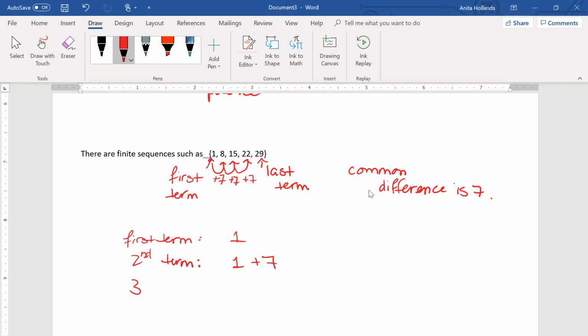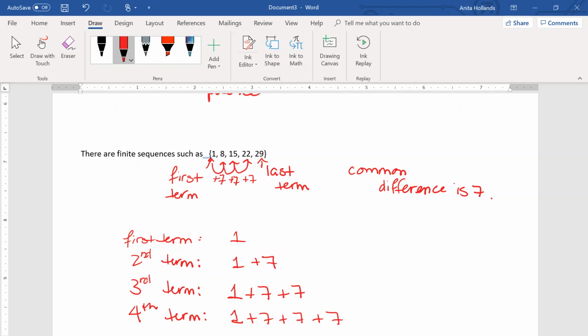Now to get to the third term, we took the second term and added 7 again. So our third term is 1 plus 7 plus 7. Now let's take a look at our fourth term. Again, we take our third term and add our common difference to it. So our fourth term is 1 plus 7 plus 7, and we're going to add another 7 onto here.